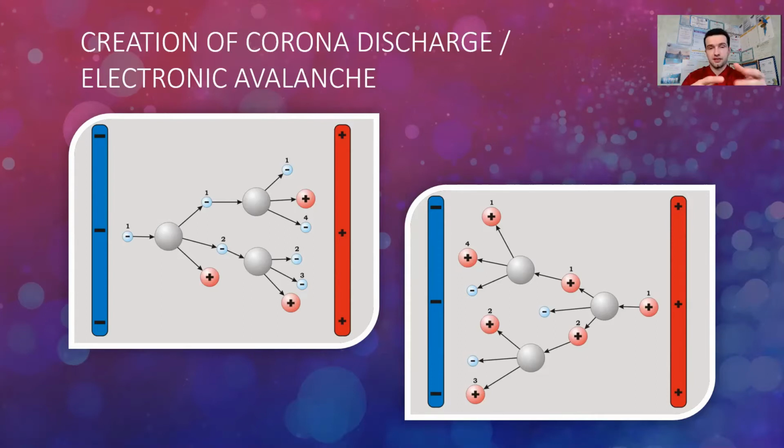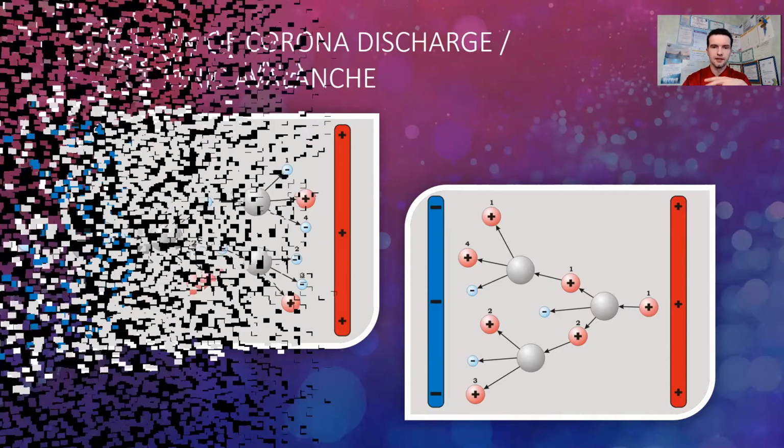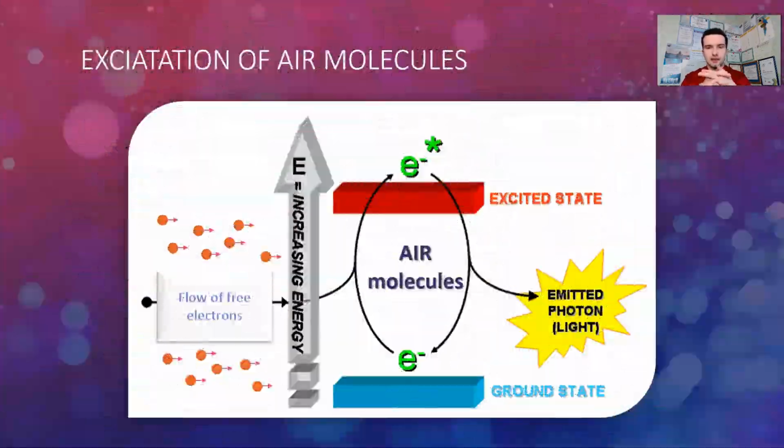That can also be seen as corona discharges, because just because of a few electrons appearing in the air, they multiply very fast with very high speed and create lots of free electrons in the air. So this process of creation of electronic avalanche is also connected with the next process.